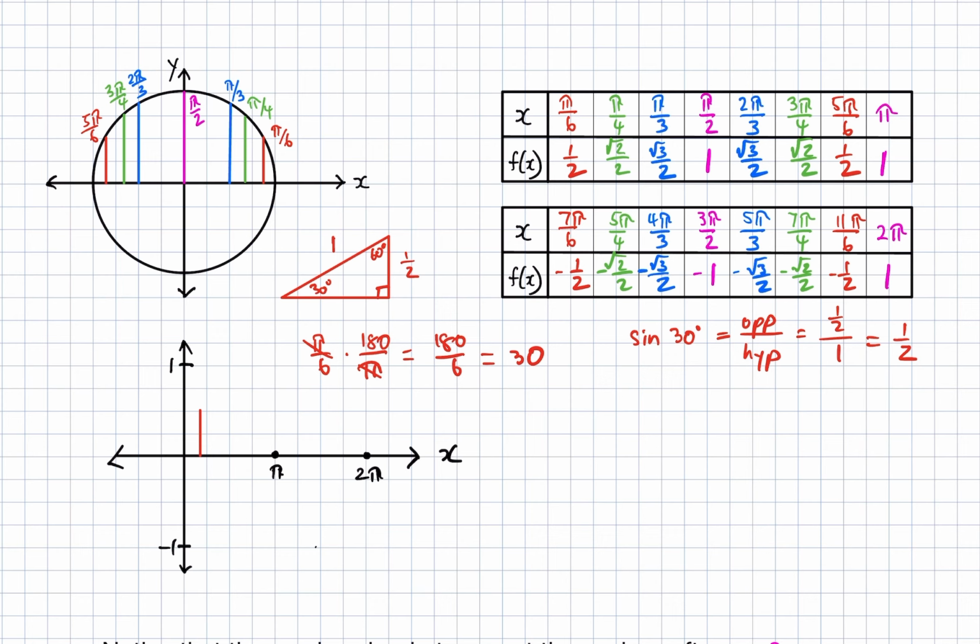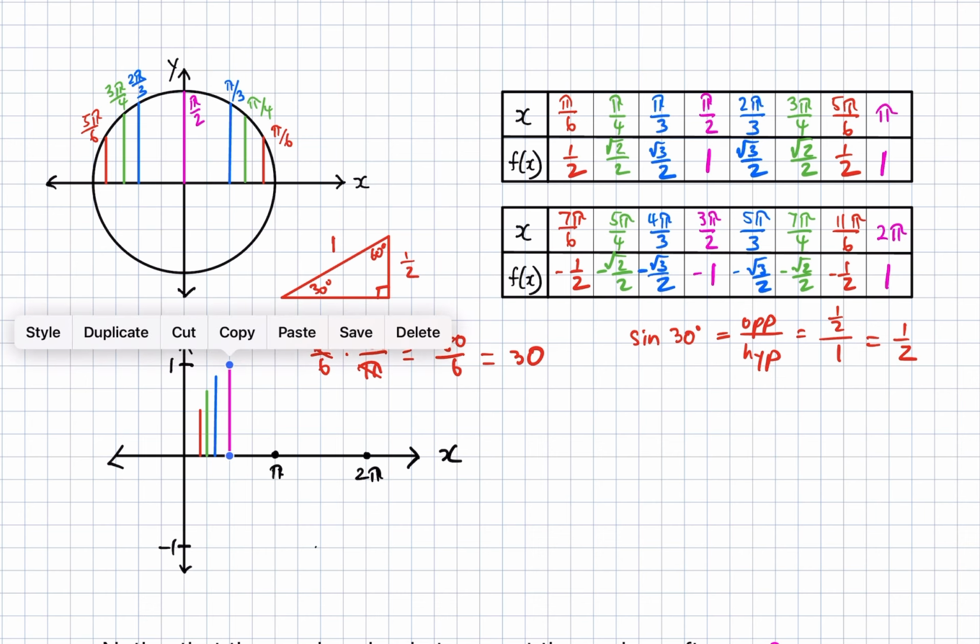And then if we were to take pi over 4 and duplicate that, that would put us right about there. And then pi over 3 puts us about right here. And then pi over 2 puts us about right there.